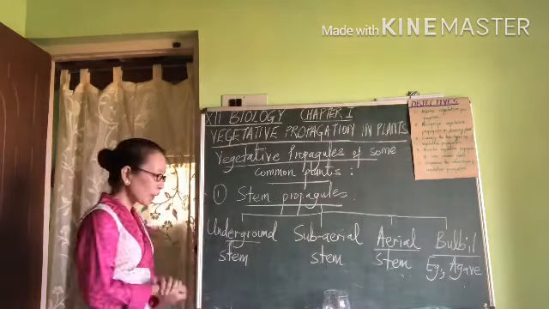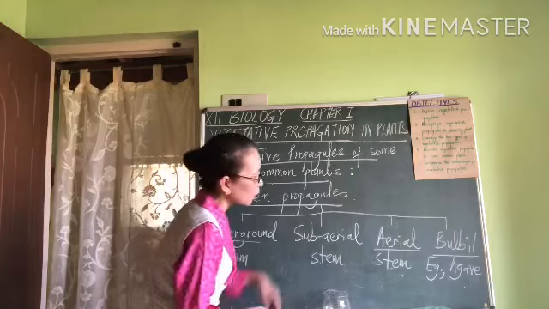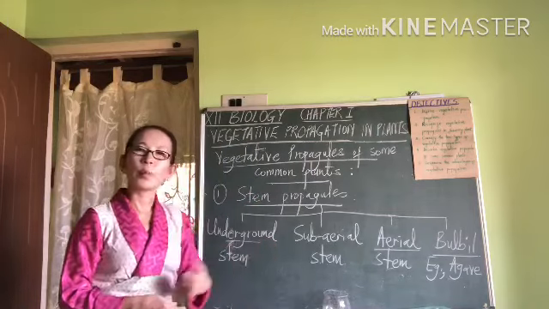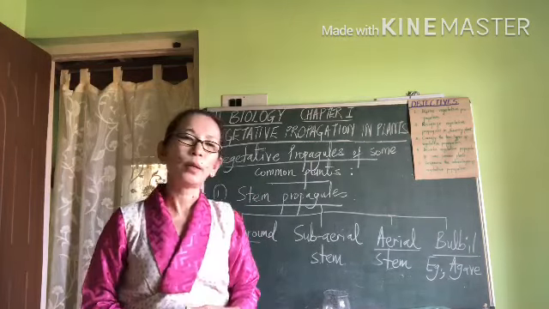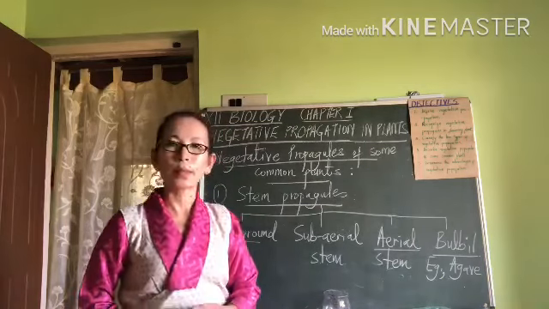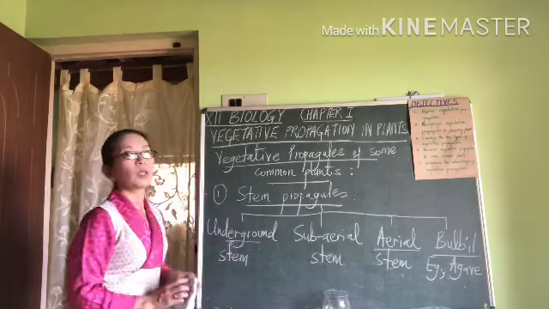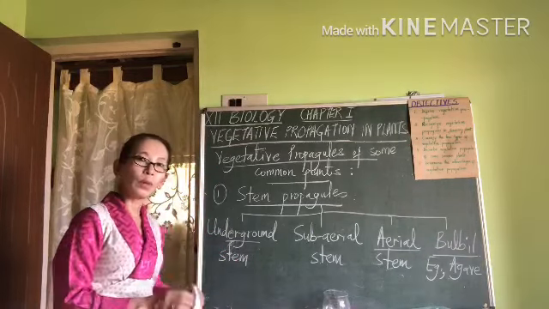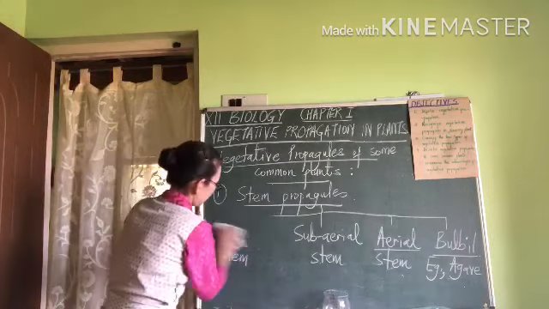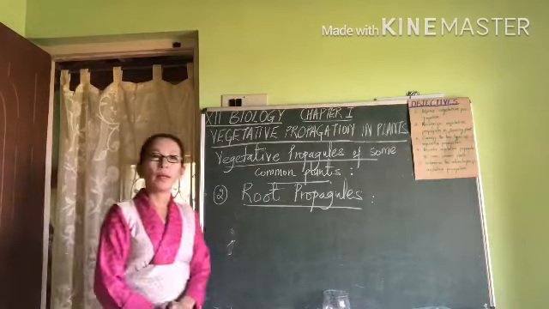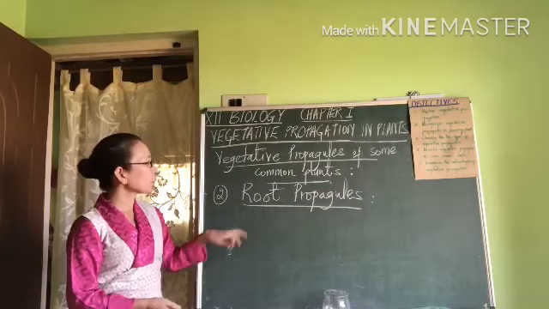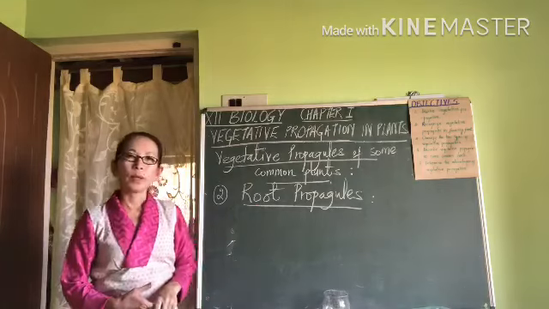These are bulbous, tiny structures which, on breaking off from the parent body, can give rise to a new plant, right? So these are the different types of vegetative propagules, which are all of the stem type. Let's now proceed to the root propagules.